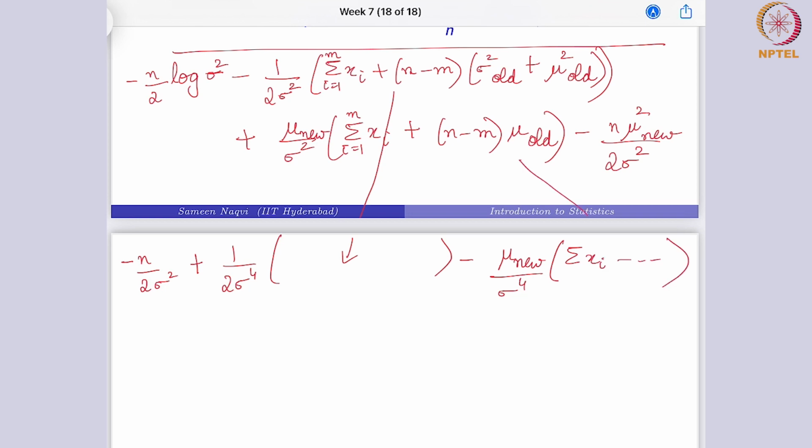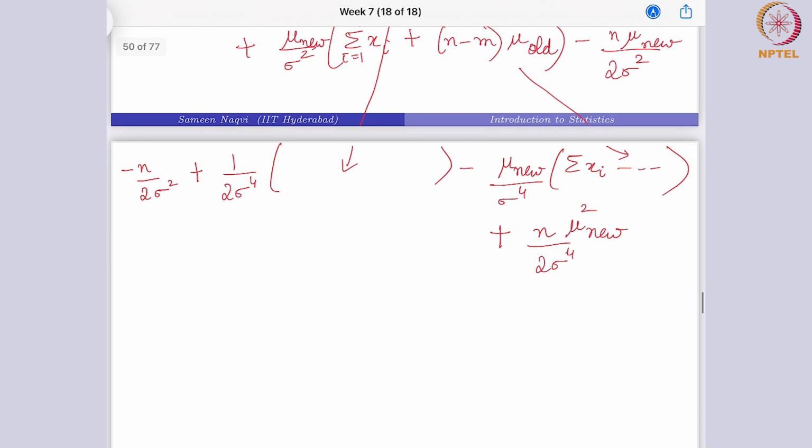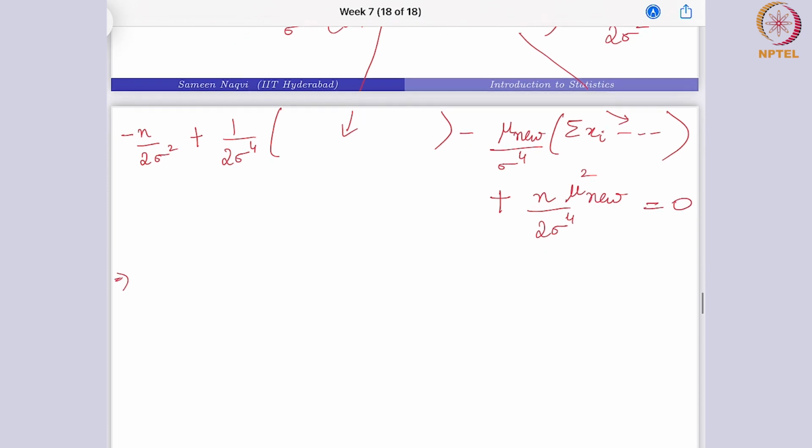This term would come, or you can say plus, n over 2 sigma raised to the power 4 mu square new. Now when you equate it to 0, in the denominator you will have 2 sigma raised to the power 4 that goes on the right hand side and becomes 0.